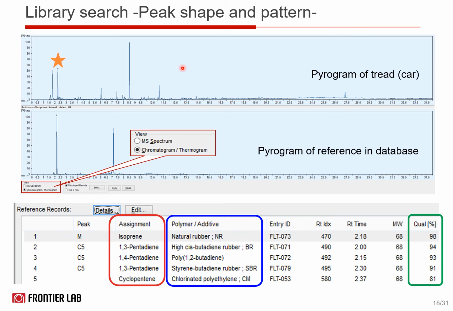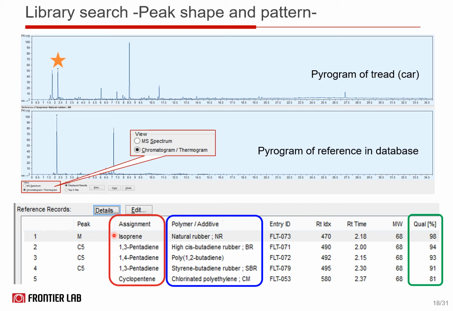The upper row is a pyrogram of tread A, and the lower row is a pyrogram of the reference in the database. Some information is shown in the hit list. In addition to the compound name and match rate, the name of the polymer or additive that has this compound as a pyrolysate will be displayed. This information gives you an idea of the origin of the compound detected.